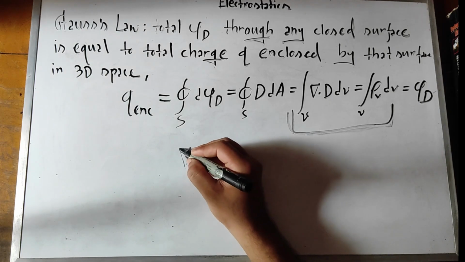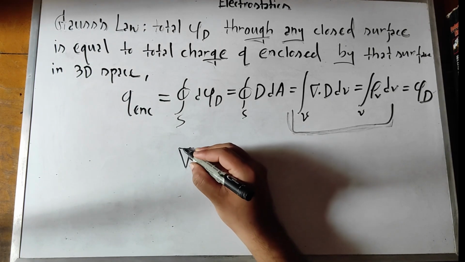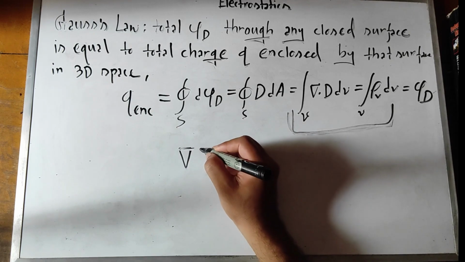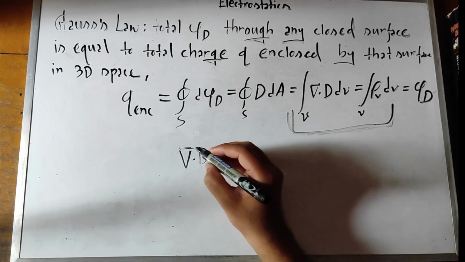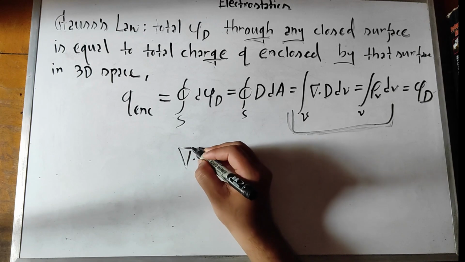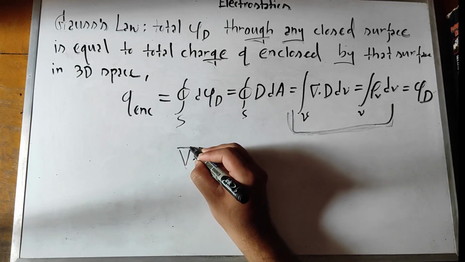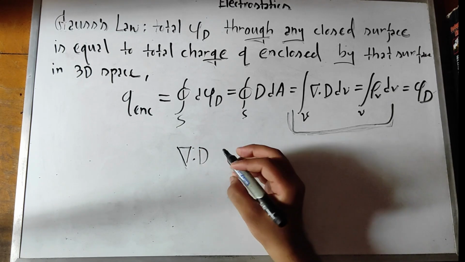that the divergence of flux density, this is divergence. So this is the nabla or del operator, the vector differential operator also.